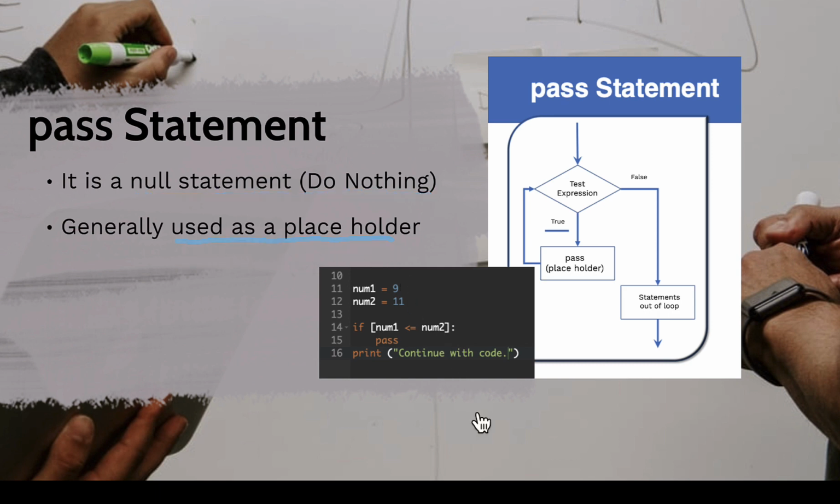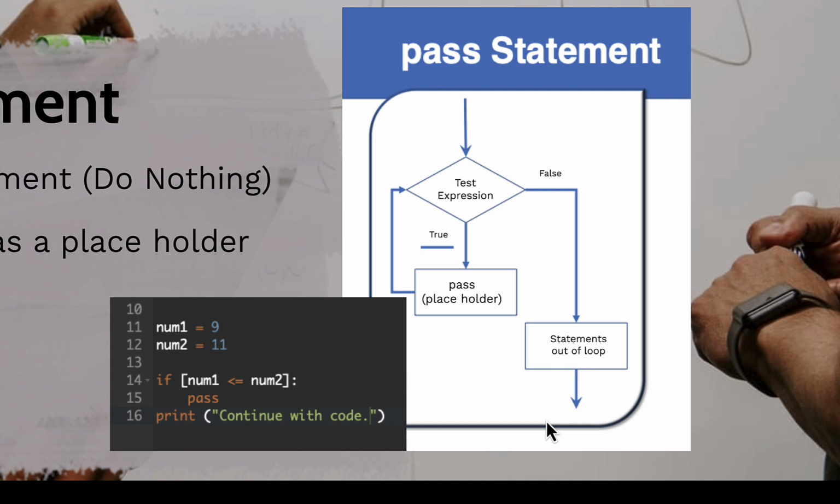So if we take a look at this, we have our test expression, and we don't have any kind of data yet here. So for example, any kind of condition that we're utilizing, so if, let's say num1 is less than or equal to num2, and then we don't have any block of code yet because we're still deciding what to do inside this block of code, we could just utilize the keyword pass, and it'll still work.